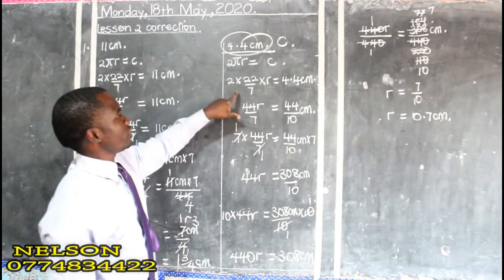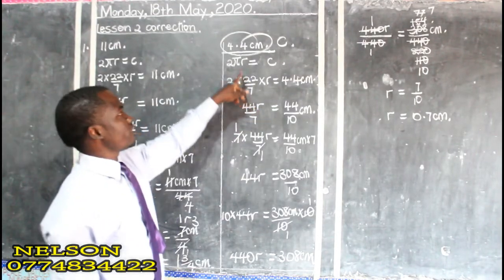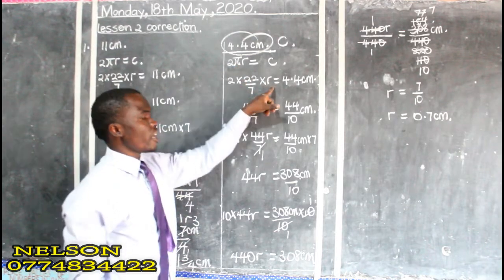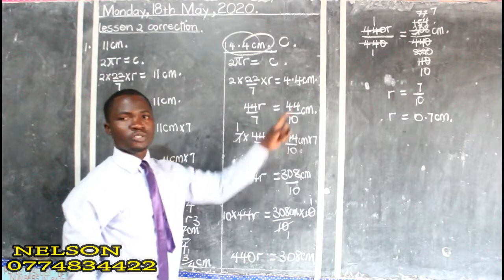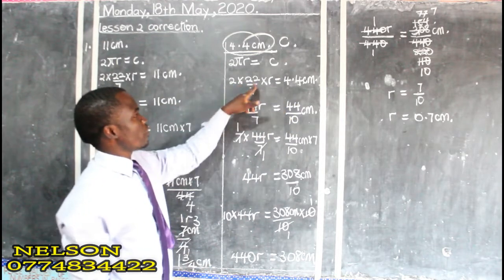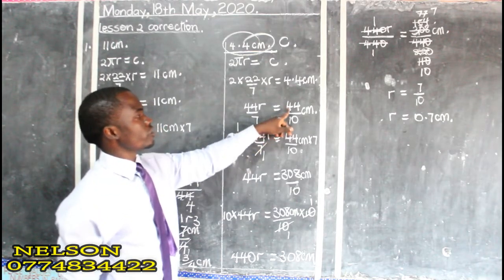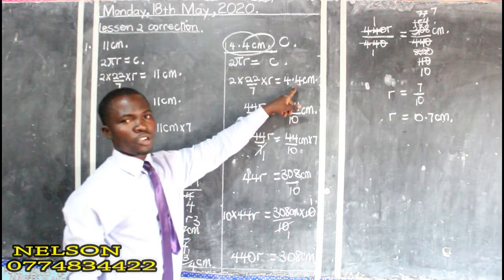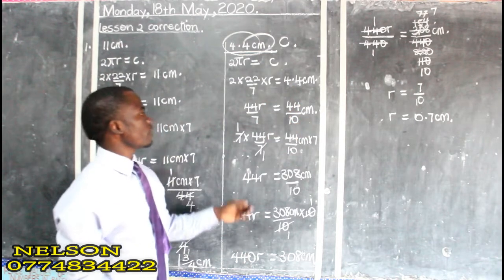We substituted 2 times 22 out of 7, representing pi times r, equals 4.4 centimeters. We came down and multiplied 2 times 22, we got 44 out of 7, equals, we made a vulgar fraction, which is 44 out of 10 centimeters.